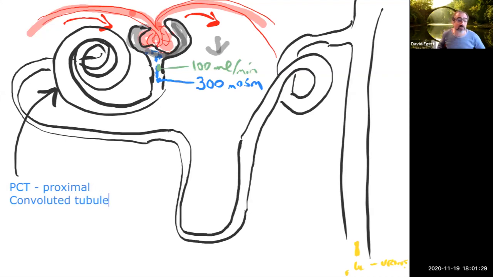So the proximal convoluted tubule, this is mainly a place for reabsorption. So this is about like 65% of the filtrate.